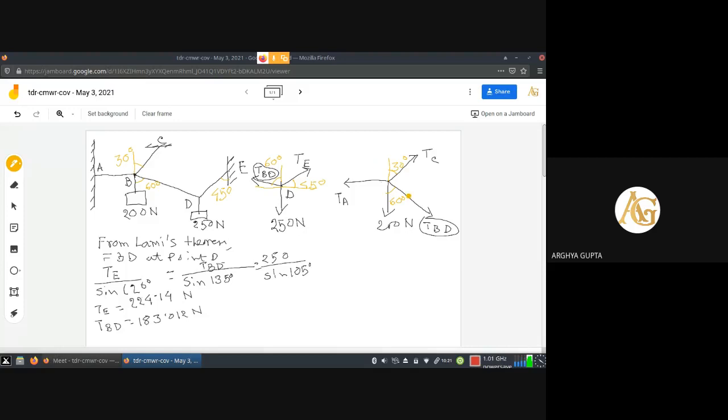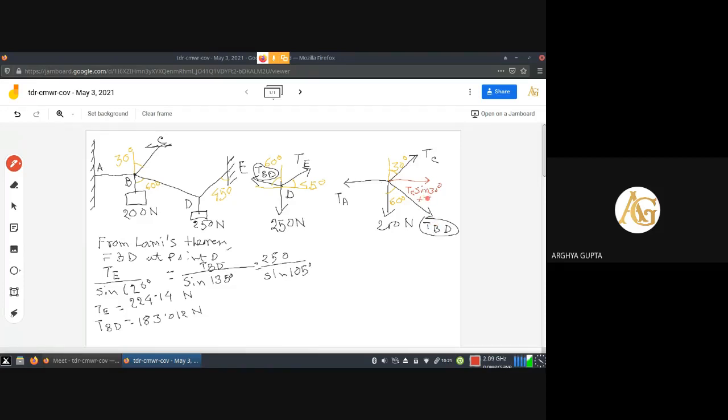Now see, as there are 4 forces, Lami's theorem cannot be applied here. So the forces have to be resolved in horizontal and vertical directions. So now here I'm going to do TC sin 30 plus, so the component of TBD will be there.